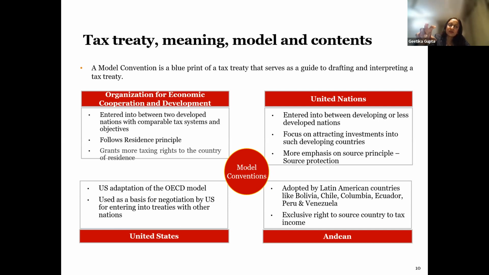Now again, to these model conventions, there are also commentaries available which help in interpreting the treaty provisions. There is a commentary to the OECD, UN, and US model conventions. It represents the views of the different members of the OECD or UN.